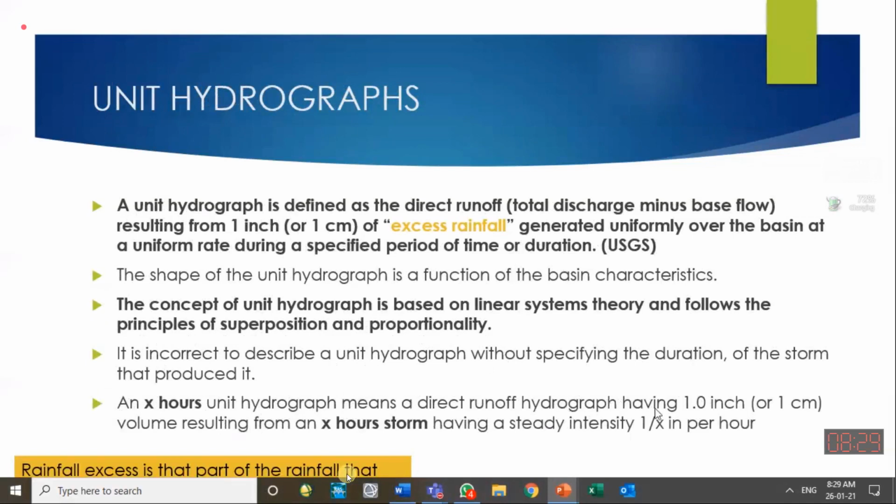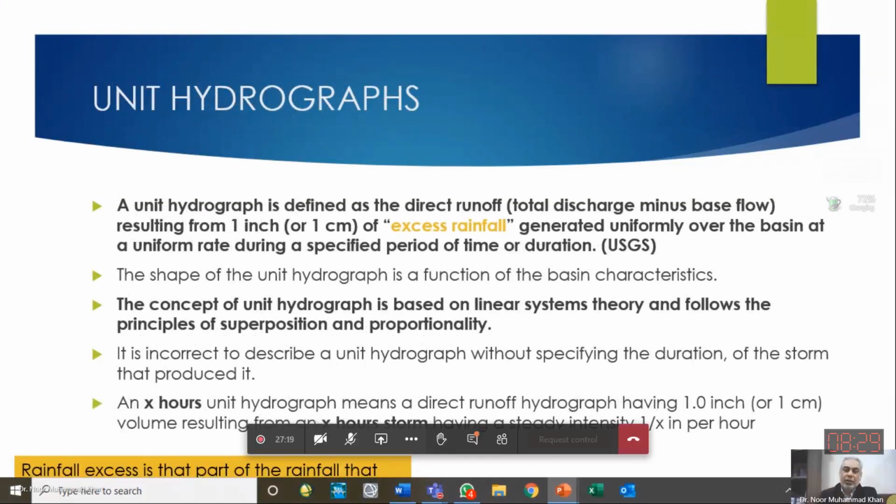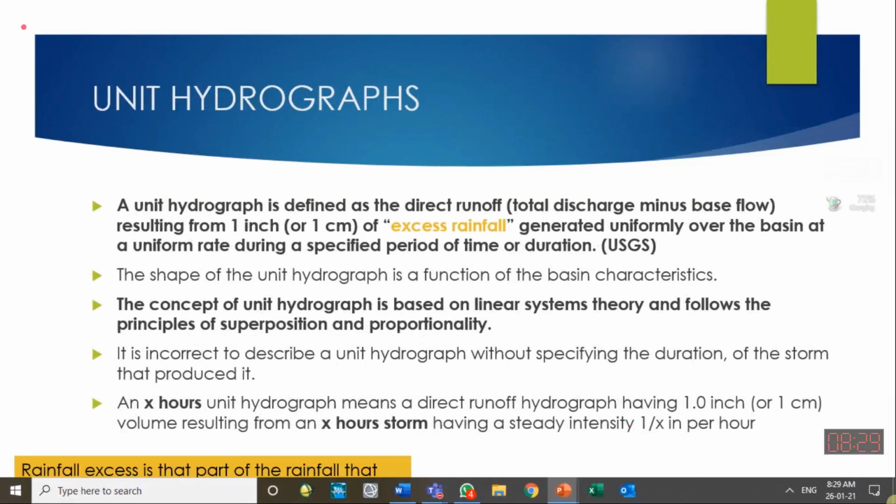Okay, so if the separation of the hydrograph has been done, it means for a certain storm of a certain duration, we can calculate how much is the direct runoff and how much is the base flow. Most of our runoff formulas give us direct runoff, like the SCS curve number method.